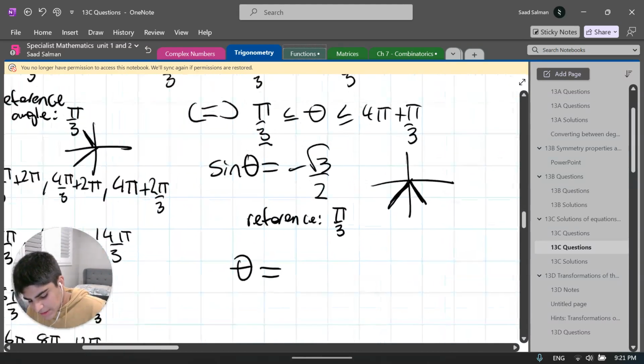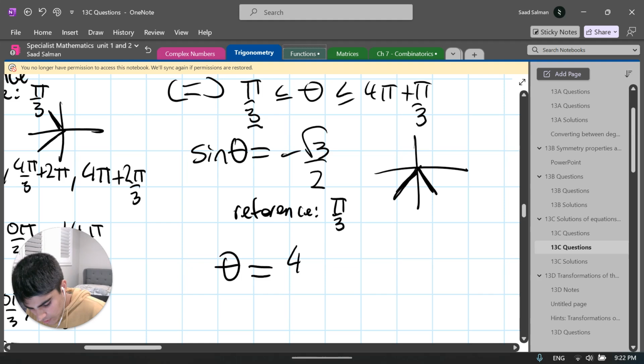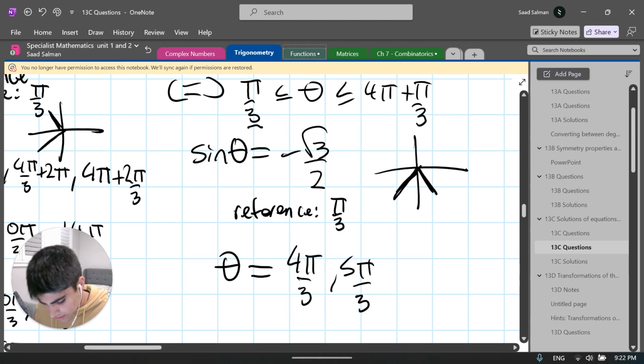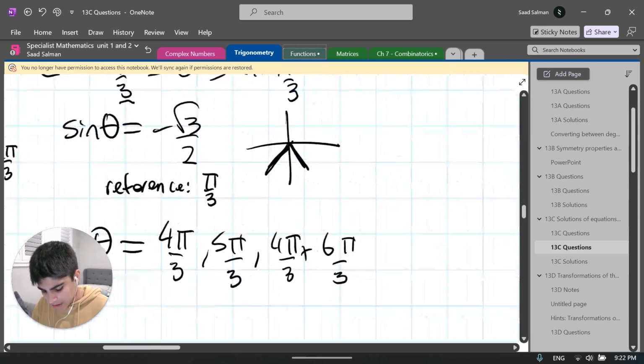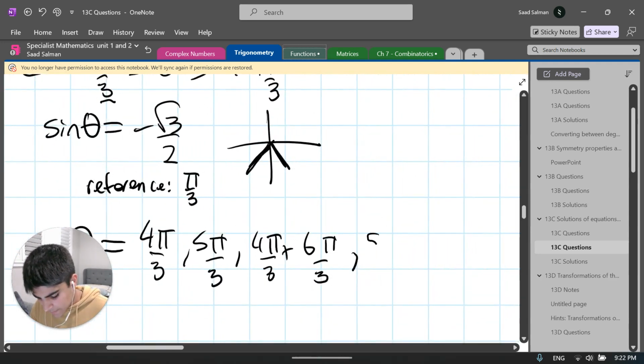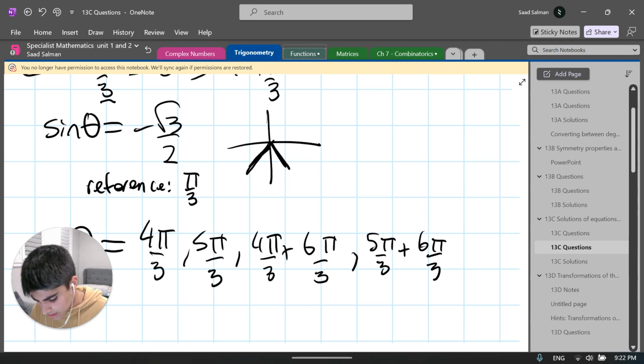Theta equals 4 pi on 3, 5 pi on 3, then 4 pi on 3 plus 2 pi, which is 6 pi on 3, to make the calculations easier. Then 5 pi on 3 plus 6 pi on 3.